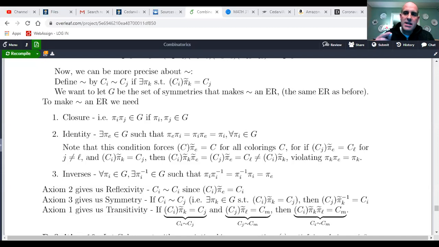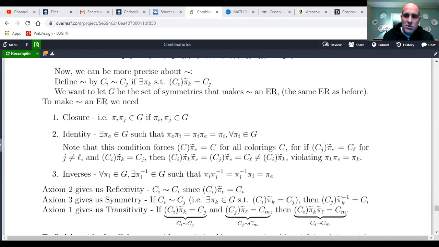I wanted to make that a key point up front just so that you don't confuse those two notions in your mind. But I will say that eventually I will drop the twiddle just because it starts to get cumbersome to have to write that down every time. So just be fairly warned about that. Now, the reason I write pi k twiddle is so that twiddle will remind you that this is a way that we get an equivalence relation on colors.